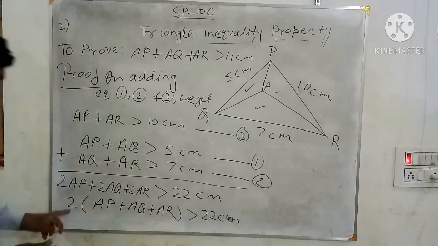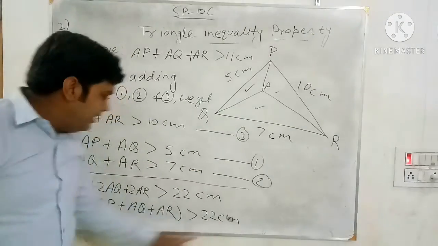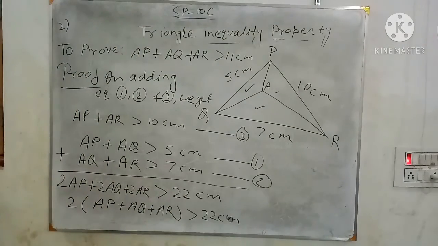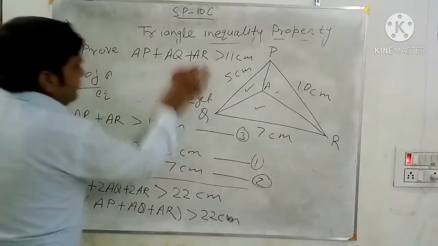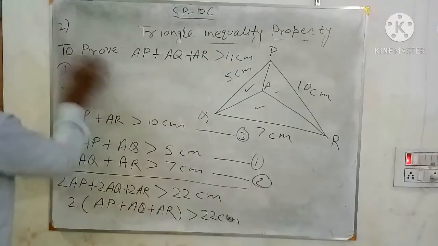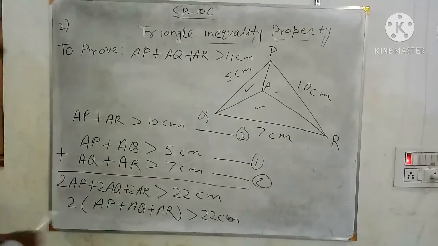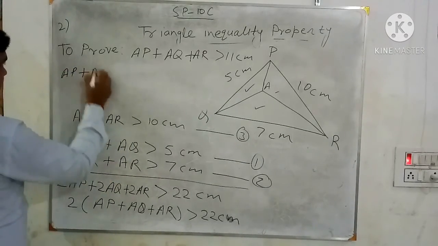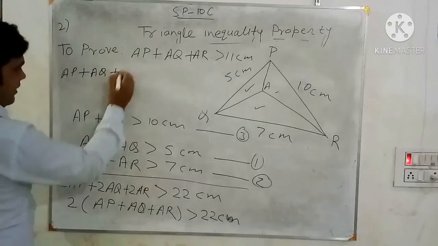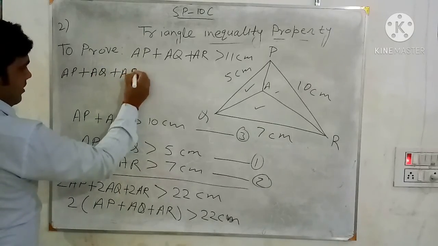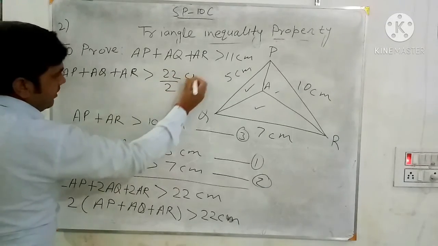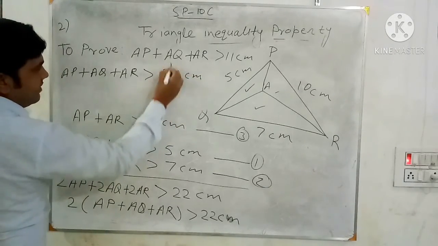Now this 2 is multiplied on the left hand side, so transferred to the right hand side, 2 will divide the term 22. So 22 divided by 2 gives you 11. So when you transfer this, we get AP plus AQ plus AR greater than 22 divided by 2 centimeter. 2 ones are 2, 2 11s are 22.